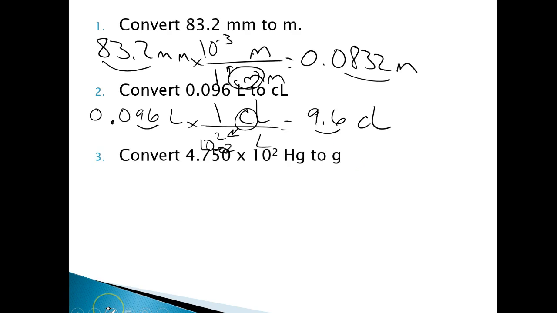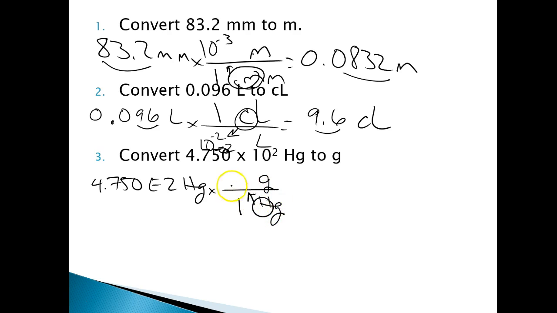Okay, next one. 4.750 e to the 2 hectograms, Hg on the bottom. And again, if you're given a prefix, you want to go straight to the base unit. Put a 1 where you see 2 letters, and then the conversion for hecto is 10 squared.